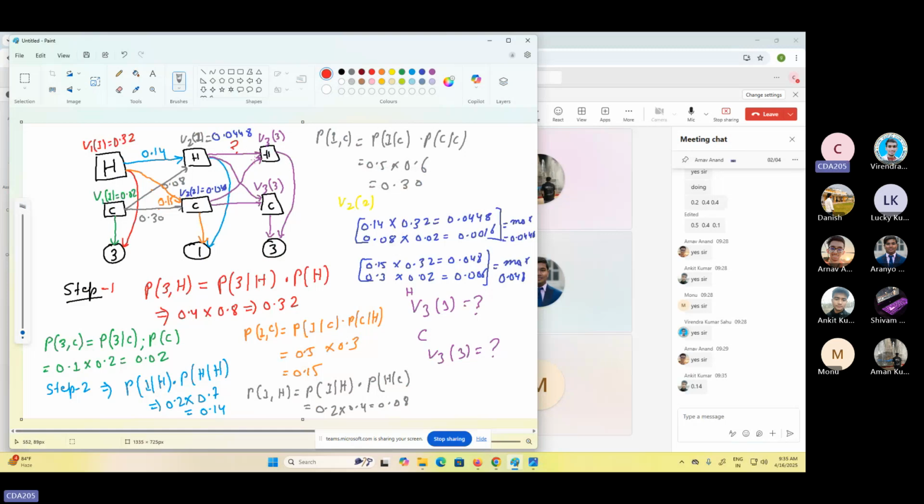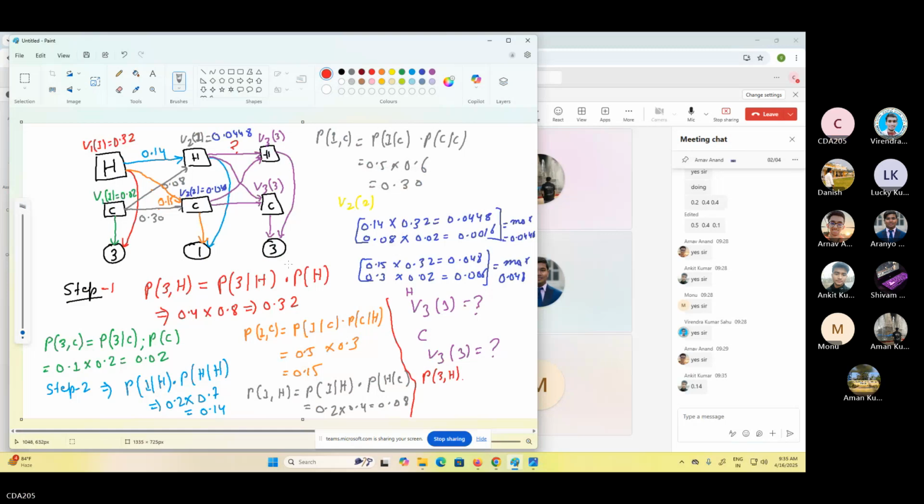To get to H to H, first we have to see 3 to H or H to 3. So its formula will be, when you see this one, it will be 3 comma H. So what will be the value? It is 3 to H into P H by H. So its value 3 to H is what?